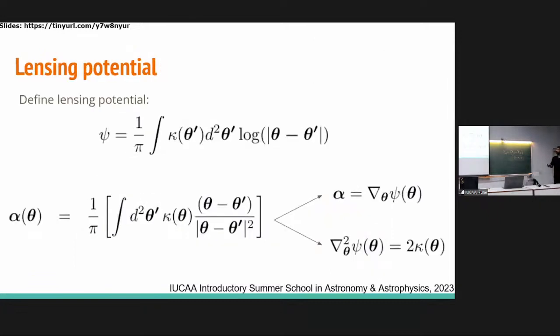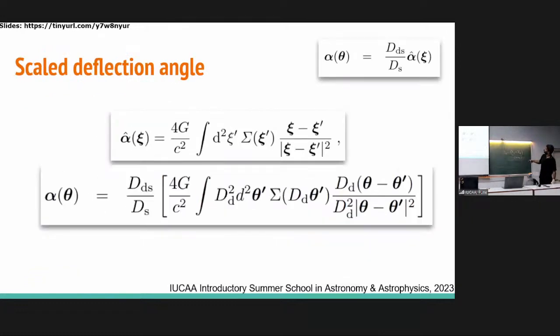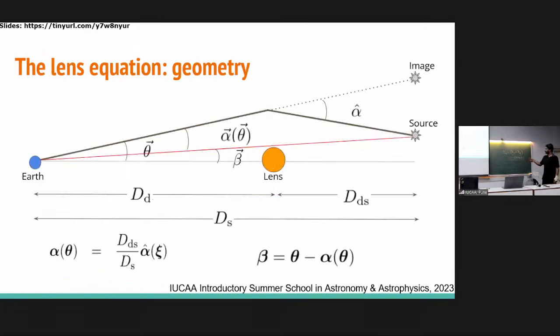So now once you have that alpha and someone tells you a beta, so someone has given you an undeflected position, and I told you how to calculate alpha, now you can solve this equation to figure out what theta is. This is a nonlinear equation because alpha can have something like 1 over theta squared depending upon the mass distribution.